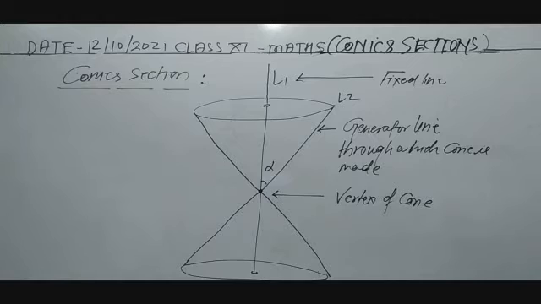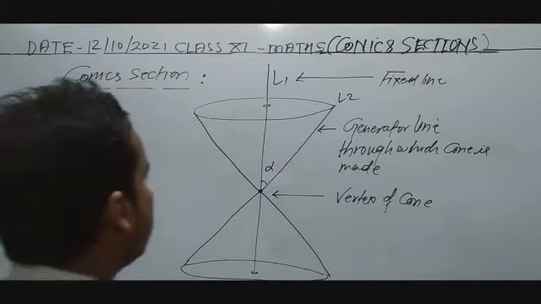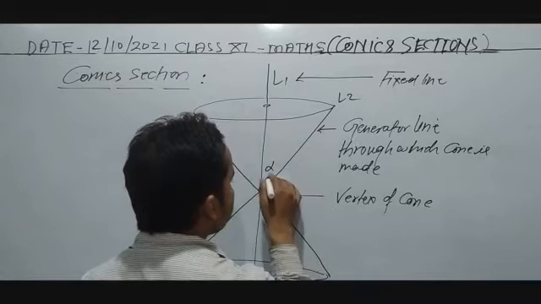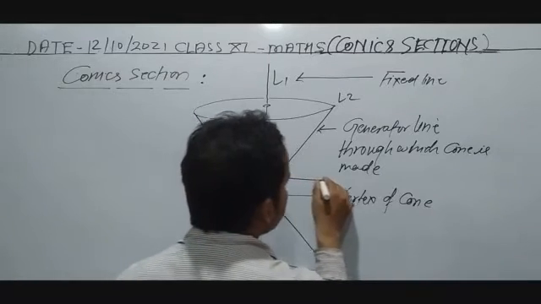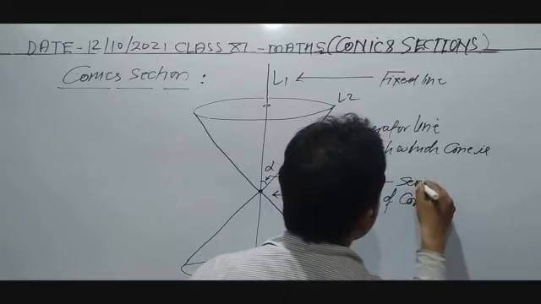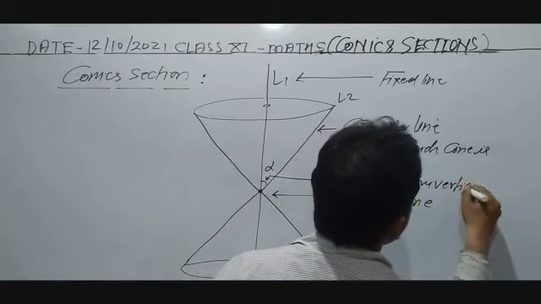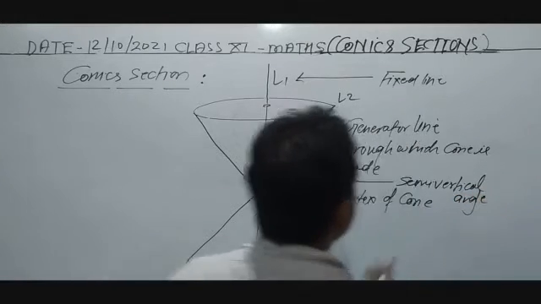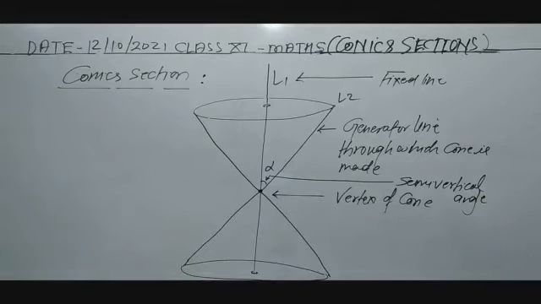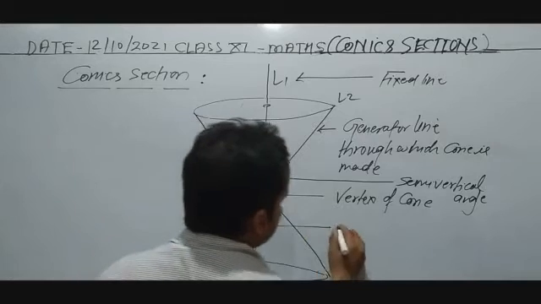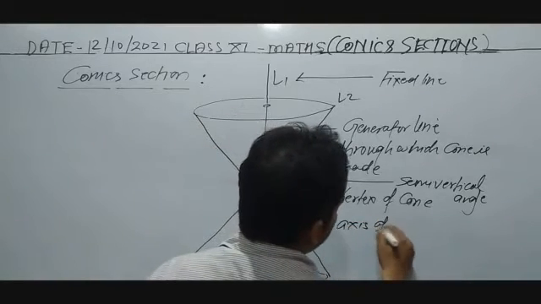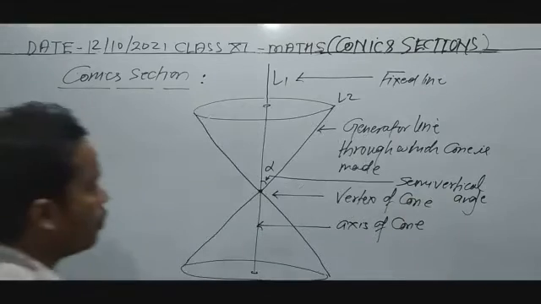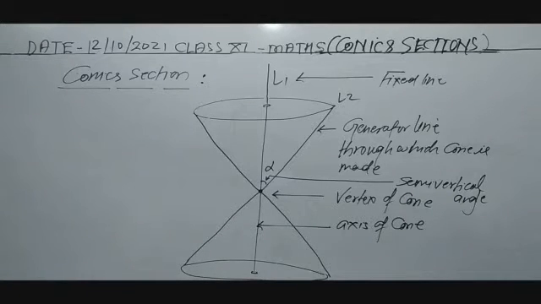And alpha is the semi-vertical angle. The fixed line is also known as the axis of cone.